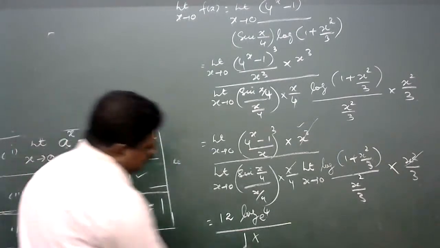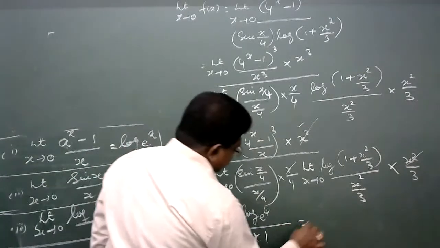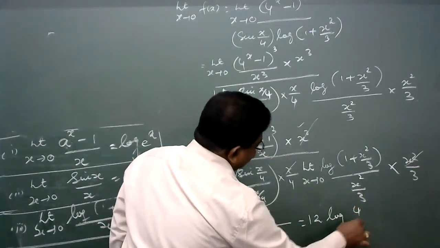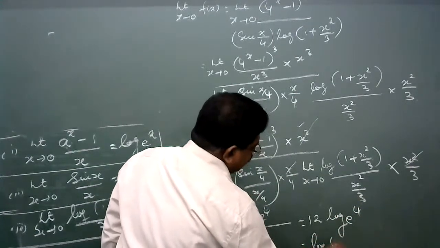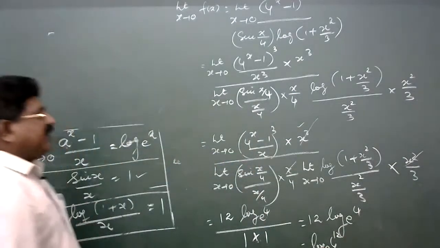Already I gave this to you. You have to recall and keep this formula in your memory. So that is equal to 12 times log of 4 to the base e. If you want, you can write log of 4 to the power 12 base e. That's all.